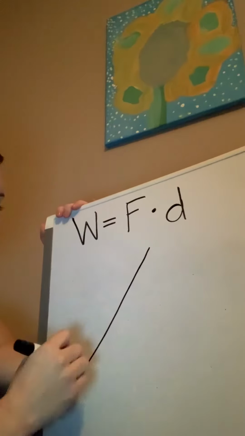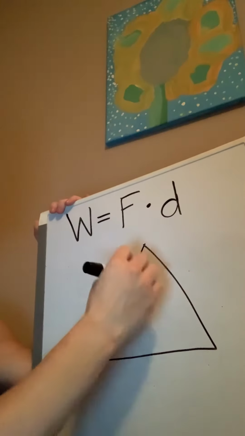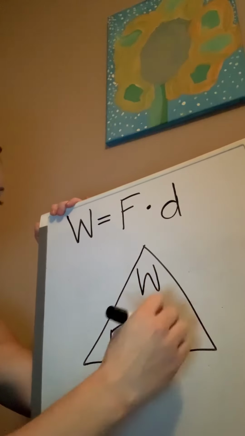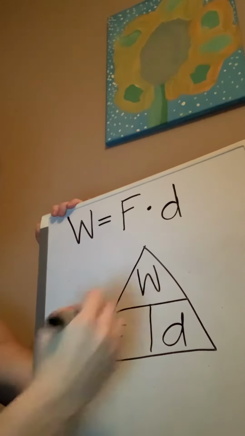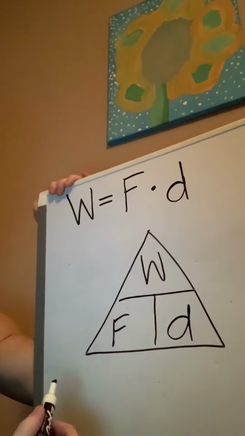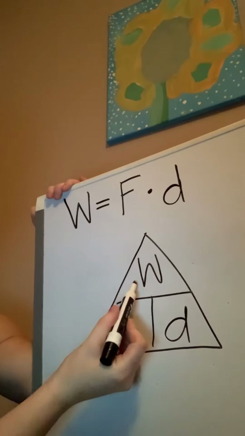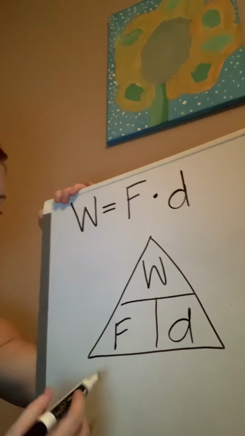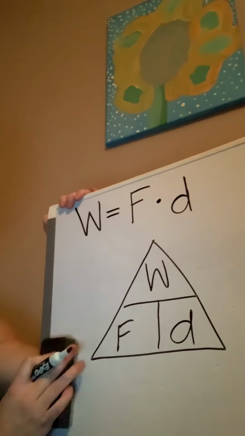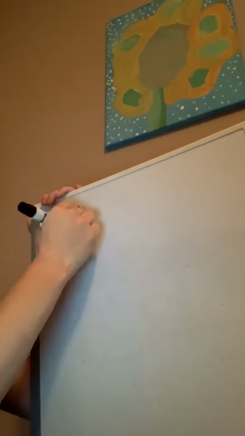Yesterday, I told you guys that work goes on the top of the triangle, force and distance go on the bottom. So if we're looking for distance, we cover up distance and we're left with work divided by force. That's the equation that we're going to use: work divided by force.